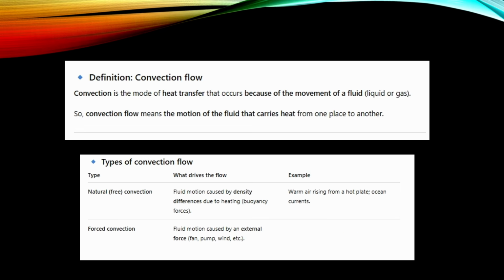Another type of convection flow is so-called forced convection. When we are talking about forced convection, we always have an external force that creates the fluid motion. The force can be, for example, a fan or a pump, depending on the case.